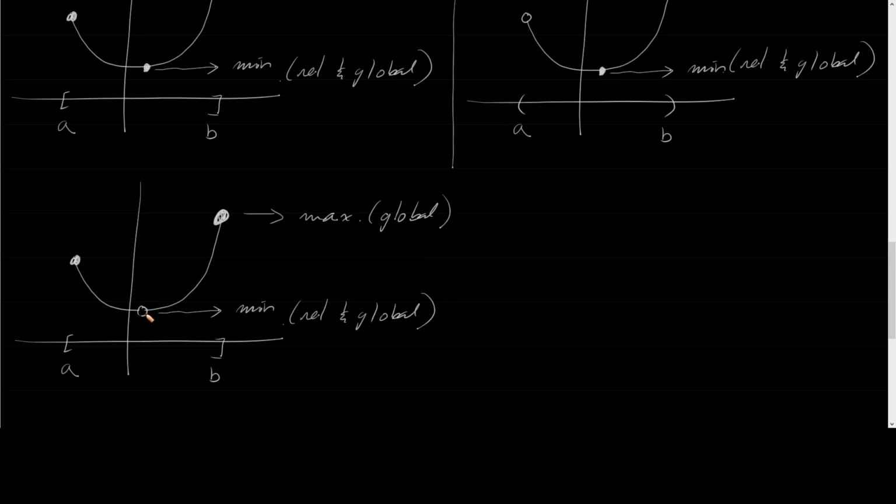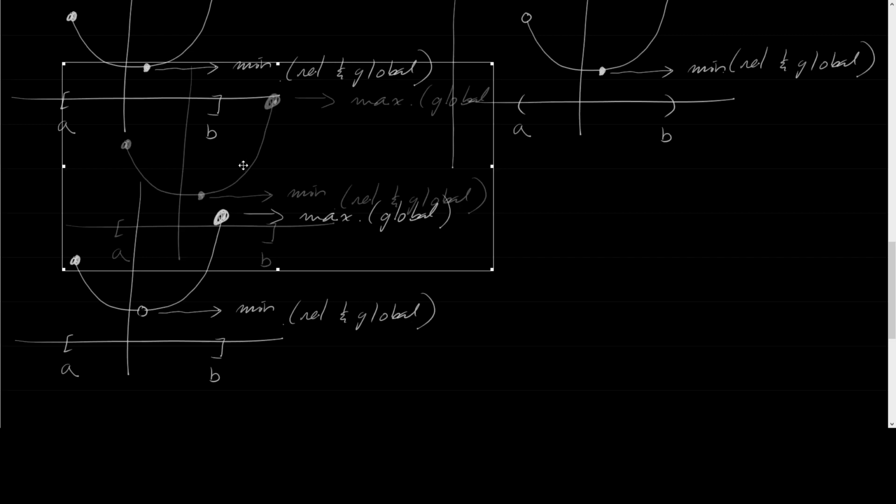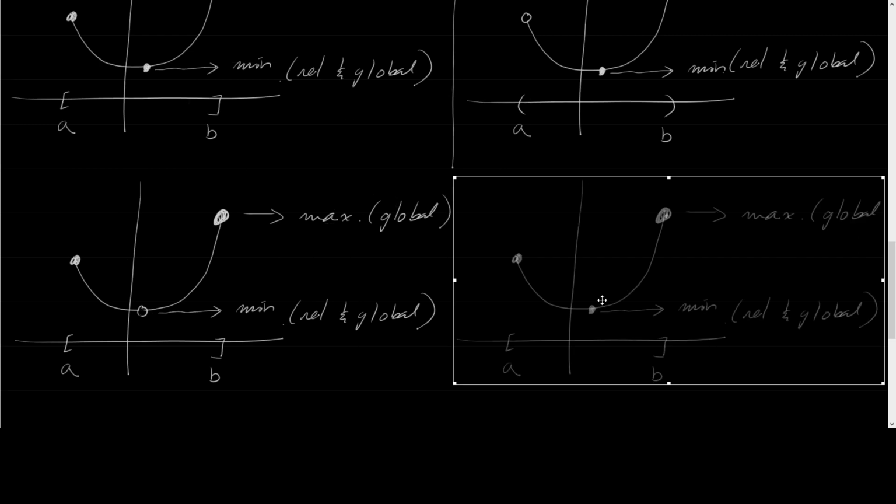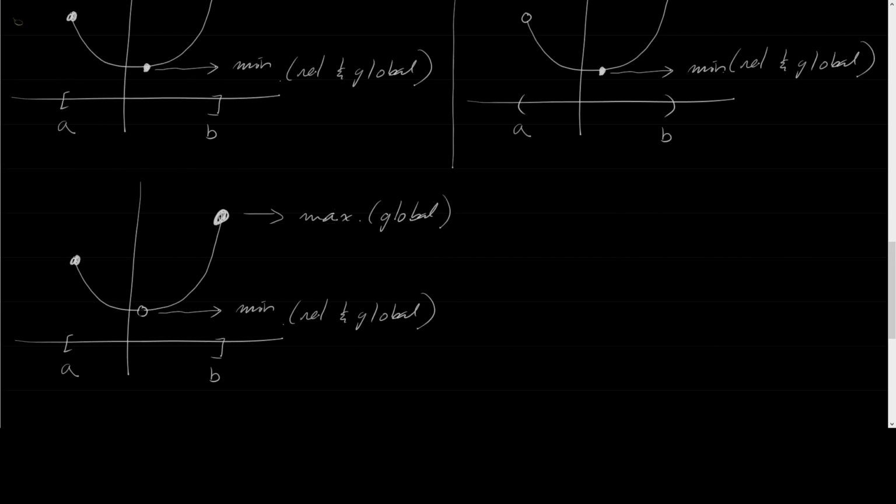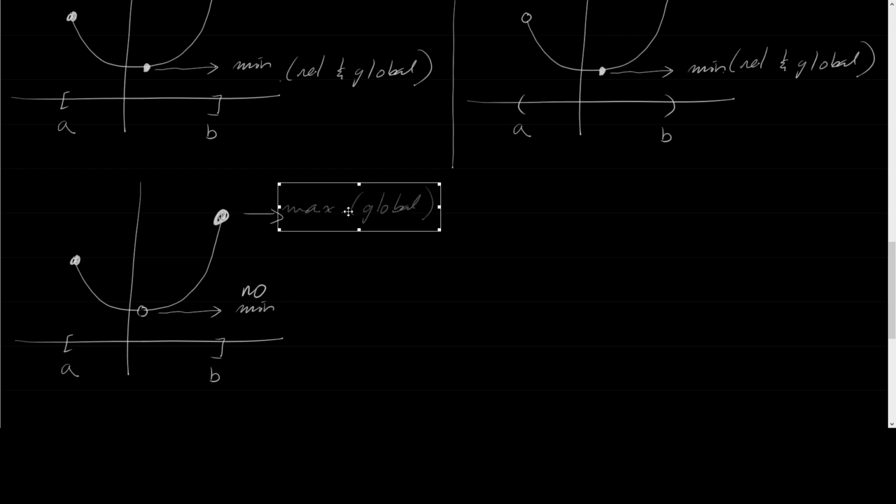There's no smallest value around here, but we do have this biggest value. This is the biggest value that exists. So there should be no minimum, neither local nor global. Now let's look at the next scenario.